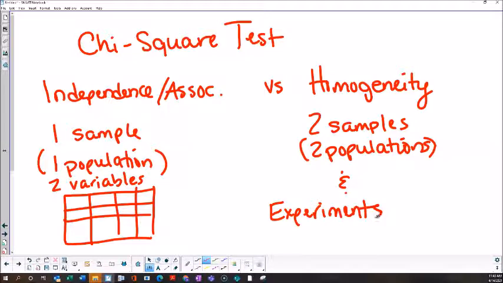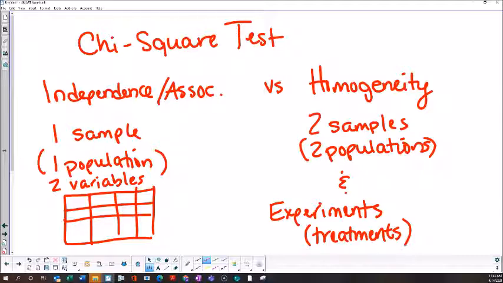Okay, because when you have an experiment, you're comparing a treatment and a control group or two treatments. Take one sample and then they sort the results into two different categories. That's when they take two samples, one from each population. That's exactly right.